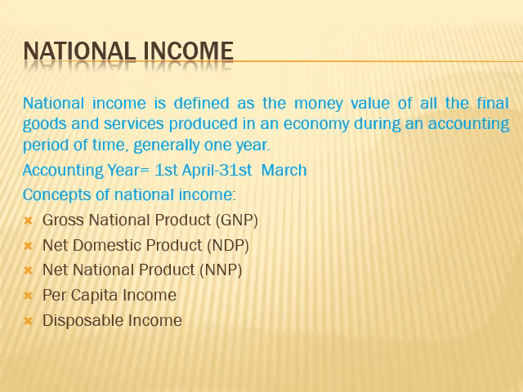So they are gross national product, gross domestic product, net domestic product, net national product, and per capita income. The last is disposable income. These are known as the concepts of national income. We will highlight them in detail.